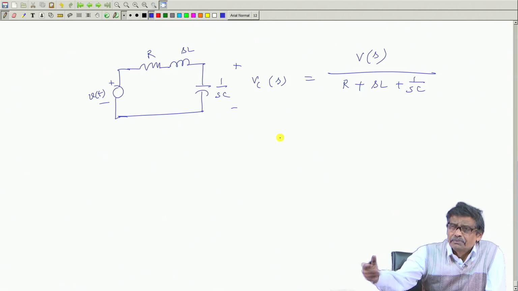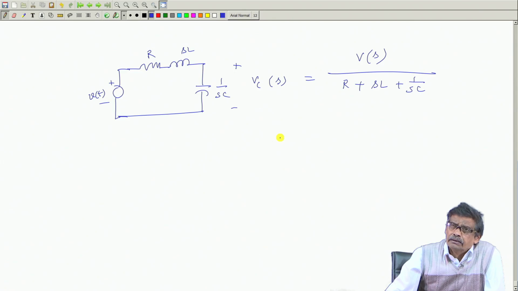Anyway, that can be expanded in partial fractions. In proper form you try to bring those partial fraction terms, so that you can immediately see what the inverse should be.